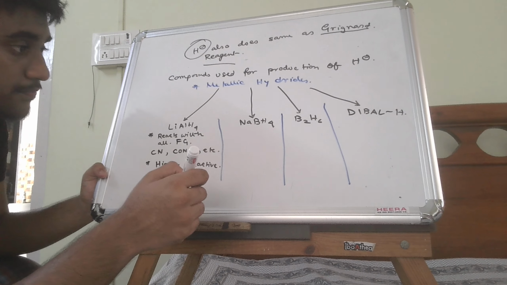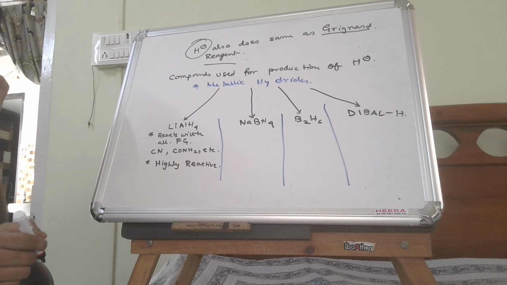But in case of NaBH4, what is NaBH4? NaBH4 is sodium borohydride. It is less reactive. What does that mean? It will not react like that.